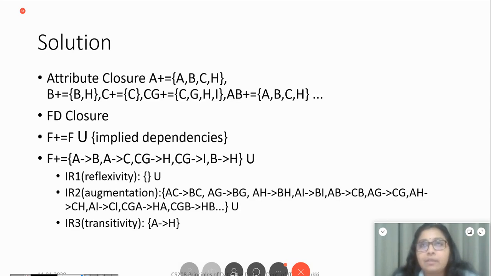Closure set of an attribute and closure of an FD are interrelated in that sense.